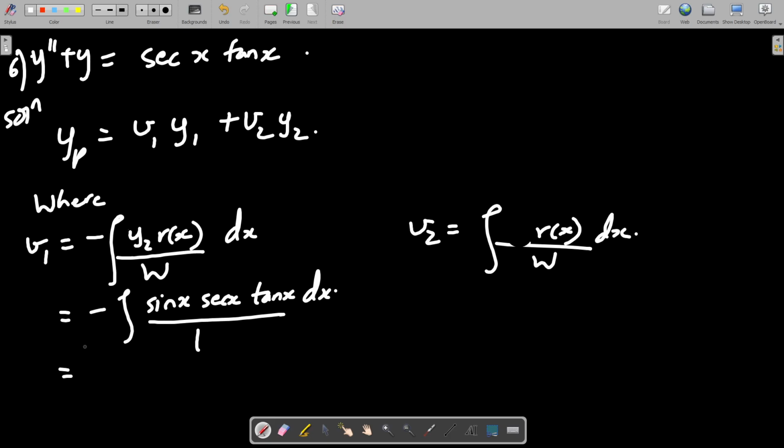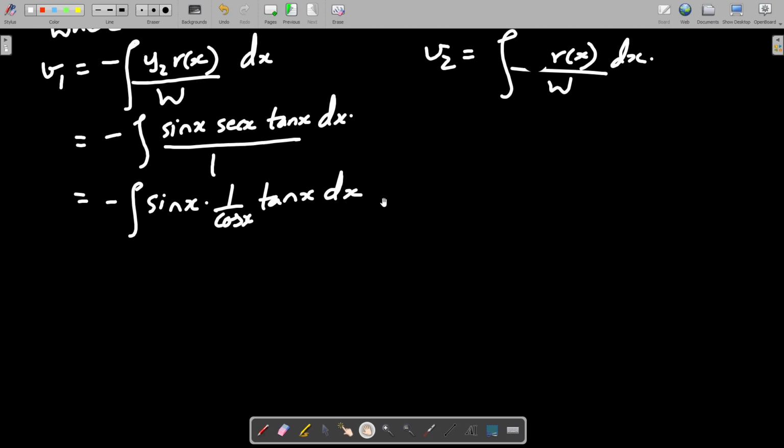So sin x into sec x, that is basically sin x. Okay, so that leaves me with minus integral of tan square x dx.